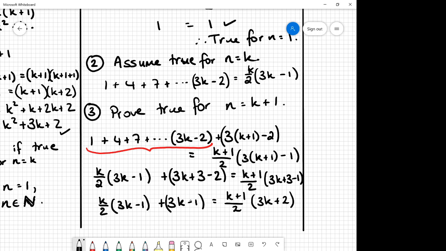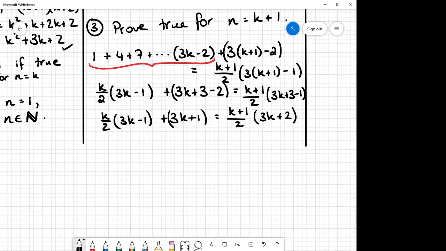Yes, this one should have been, in fact, a plus 1 here. I get a very distinct feeling I've gone wrong somewhere here, but we'll keep going just in case.